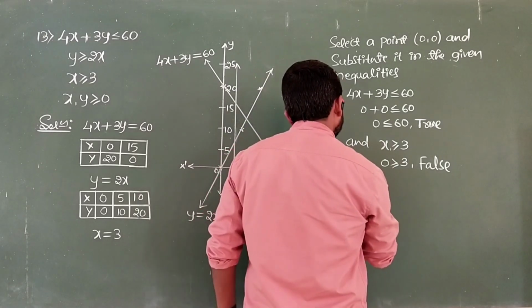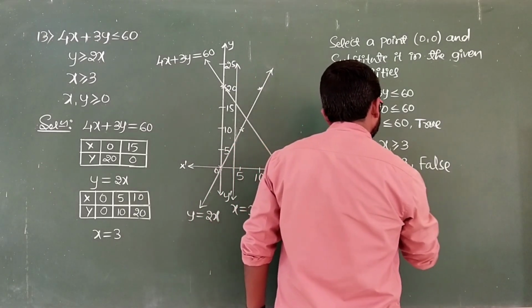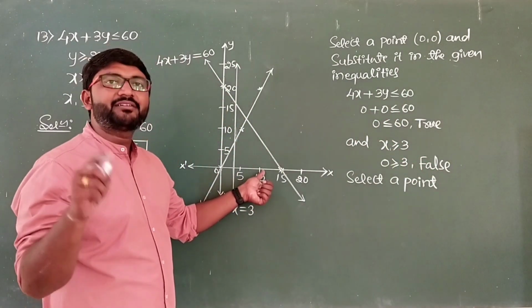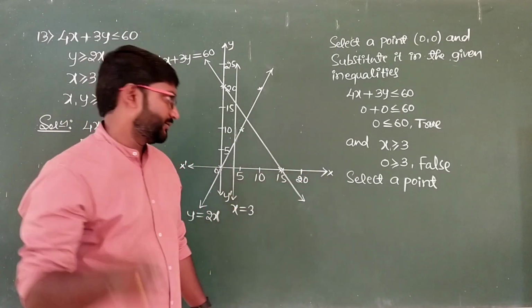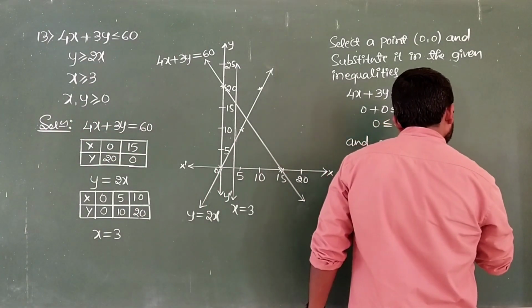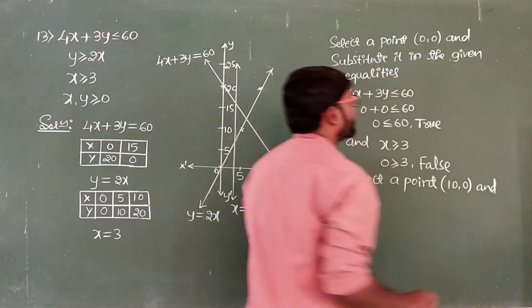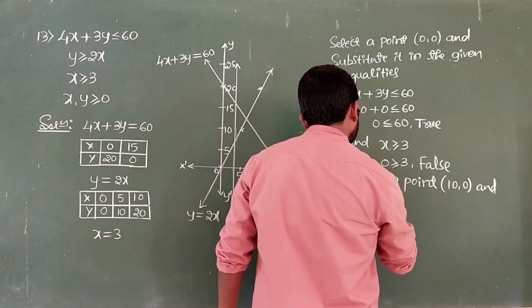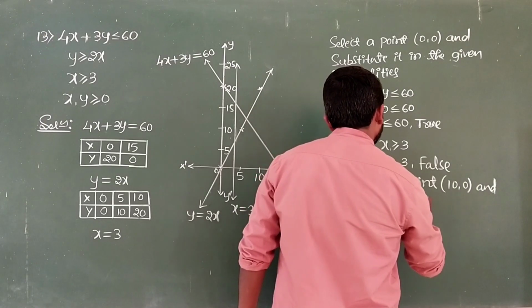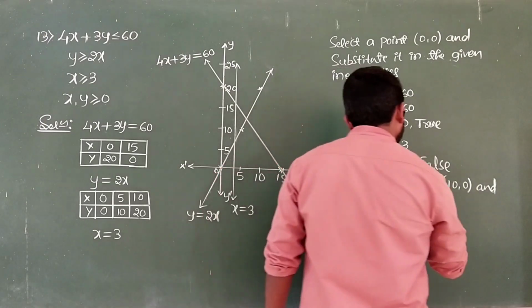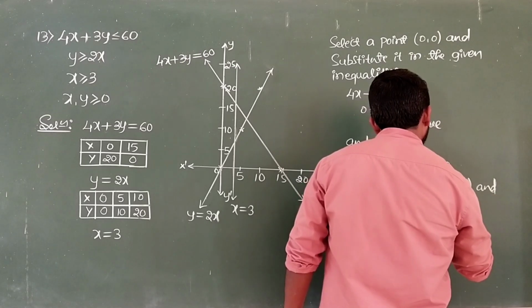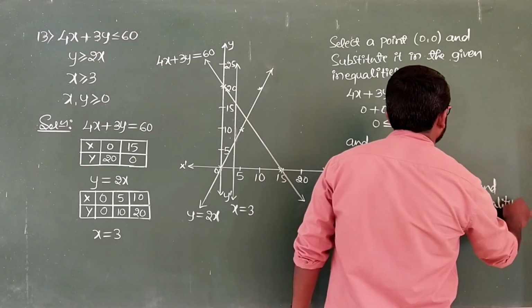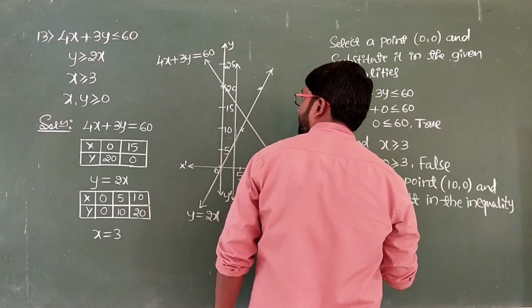So select a point. So I will be taking this point now. The coordinates of this point are 10, 0. On the x-axis y must be 0. Select the point 10, 0 and substitute it in the inequality y greater than or equal to 2x.